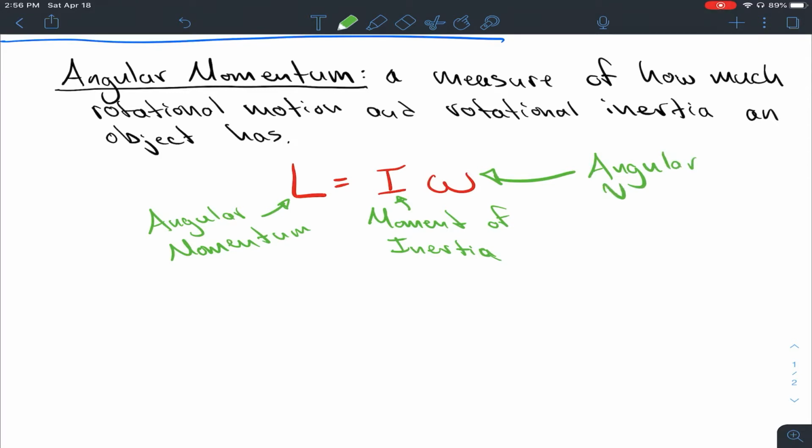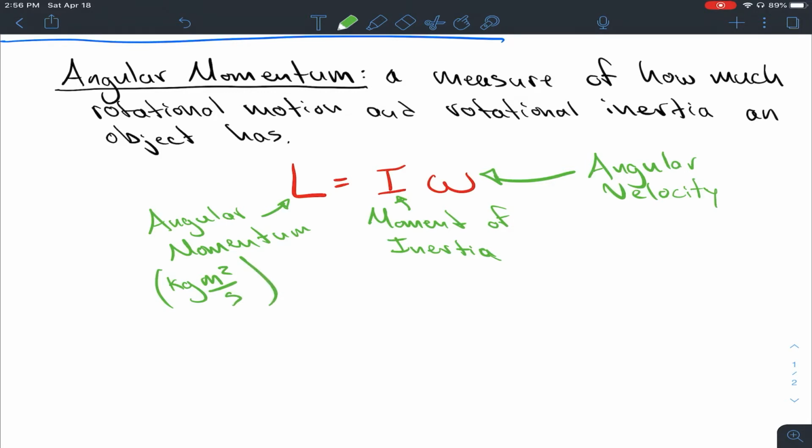And each of these things has units, which is important because we want to understand what the units for our angular momentum are, because they are different from linear momentum. They aren't the same units. In fact, angular momentum is measured in kilograms meters squared per second, which is a little bizarre.